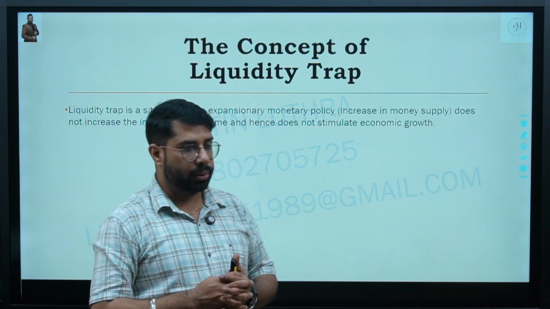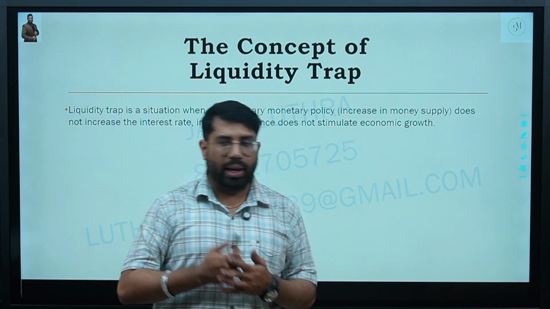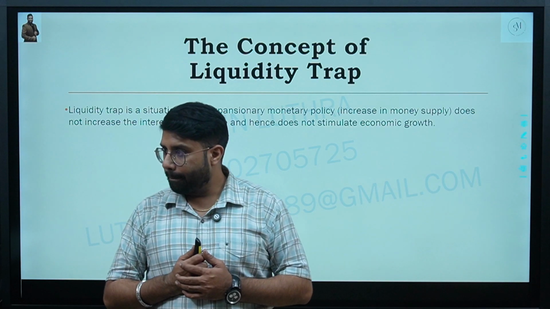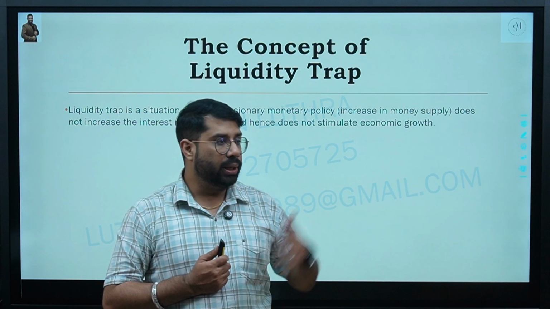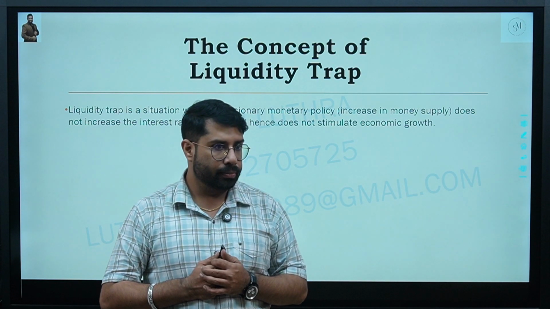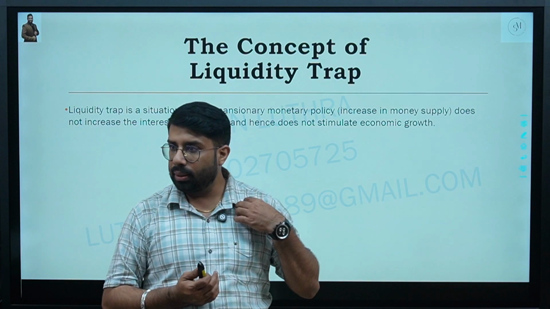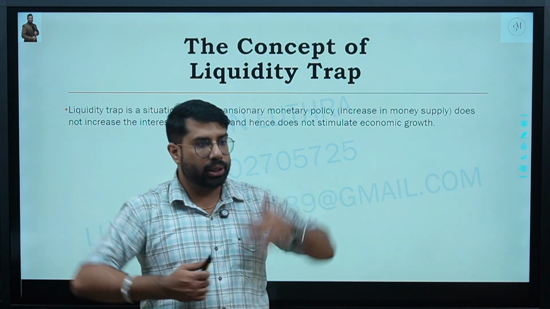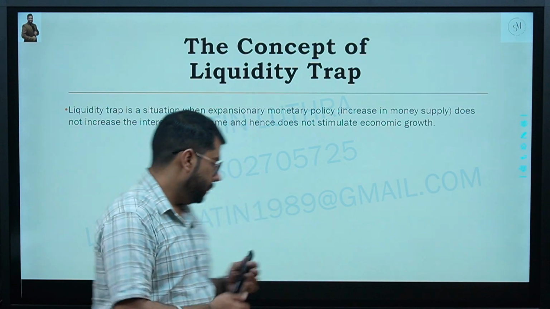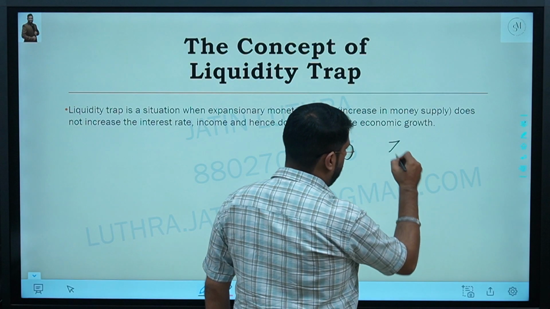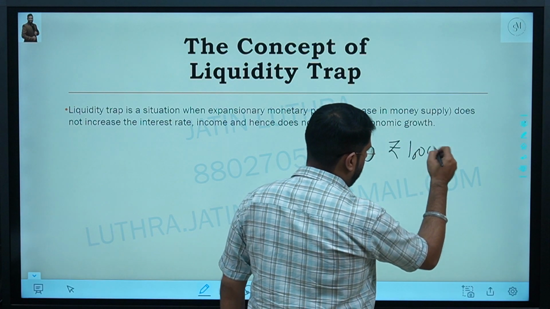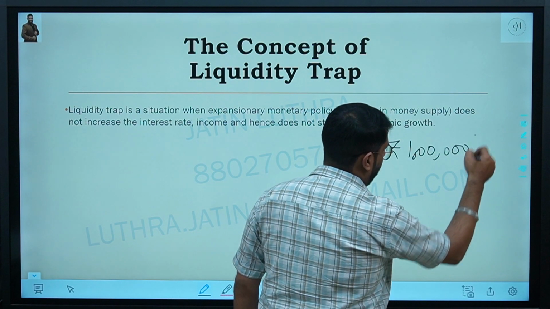It's a very simple thing. If I have 1 lakh rupees with me, when will I invest my money in the market? It is only when I think that my money will generate some return. So for example, let us say I have 1 lakh rupees in my pocket.